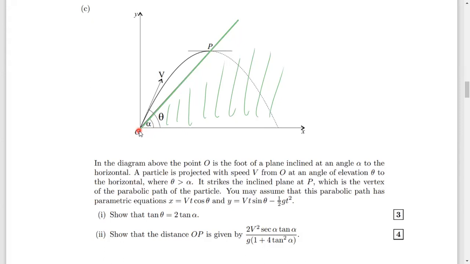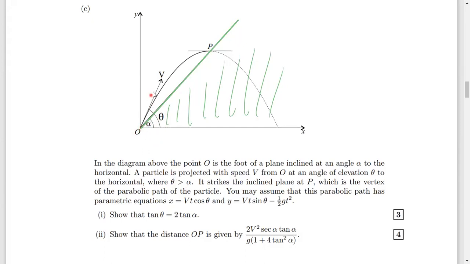So in our diagram here, we've got O, the foot of the plane inclined at an angle alpha. Okay, so here's O, here's alpha. And a projectile is projected with speed v, very standard, from O at the angle of elevation theta, here's theta, to the horizontal, where theta is greater than alpha. Of course, if it's less than alpha, then you'll just go straight into the ground, which is not helpful.